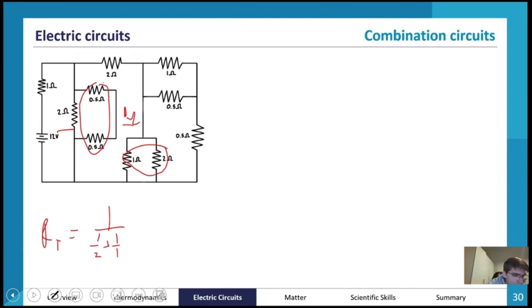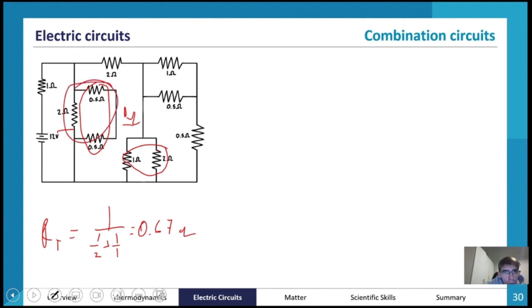What you should get there is 2 on 3, which is 0.67 ohms for the total here.